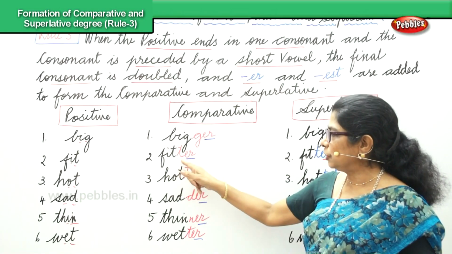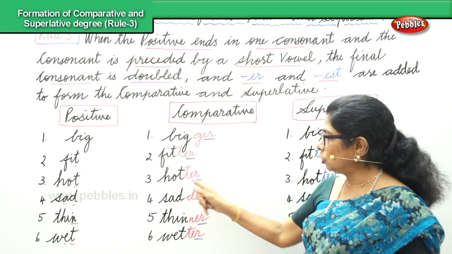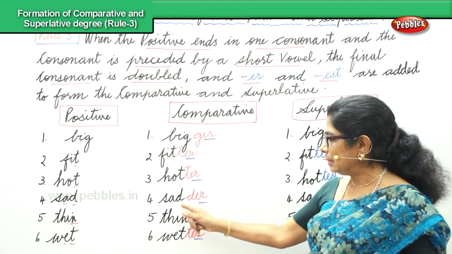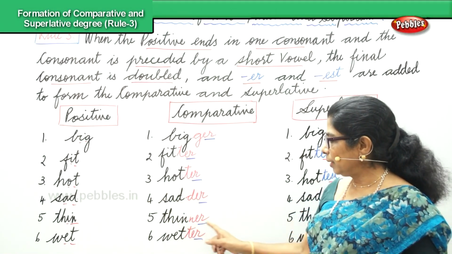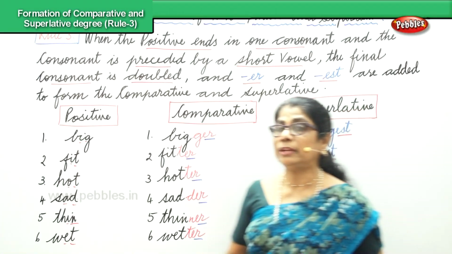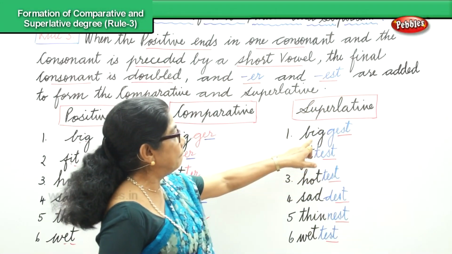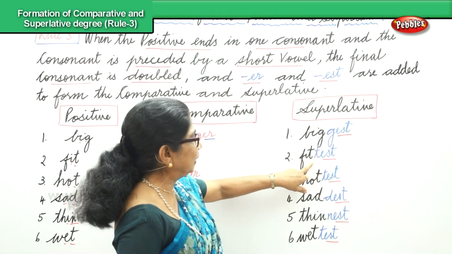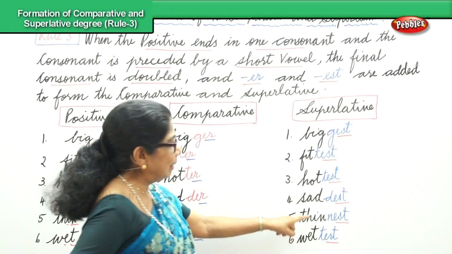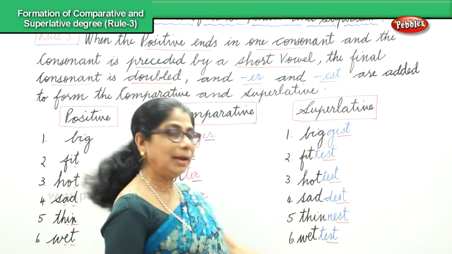Fit, fitter. Hot, hotter. Sad, sadder. Thin, thinner. Wet, wetter. Superlative: big, biggest. Fit, fittest. Hot, hottest. Sad, saddest. Thin, thinnest. Wet, wettest.